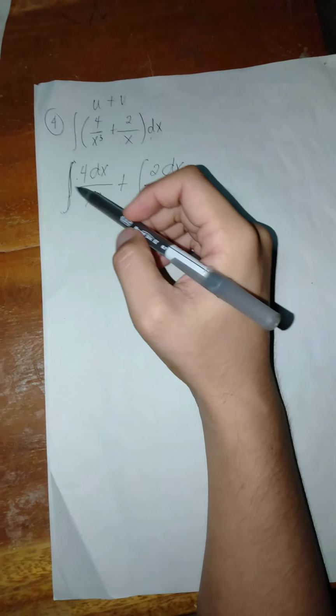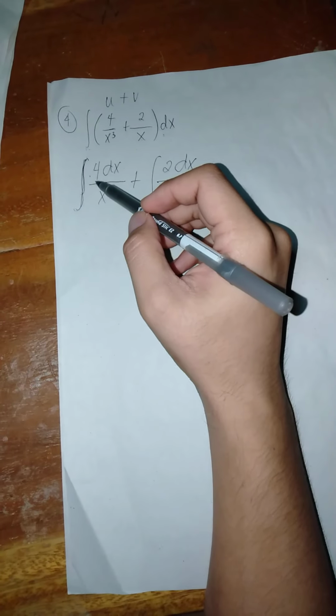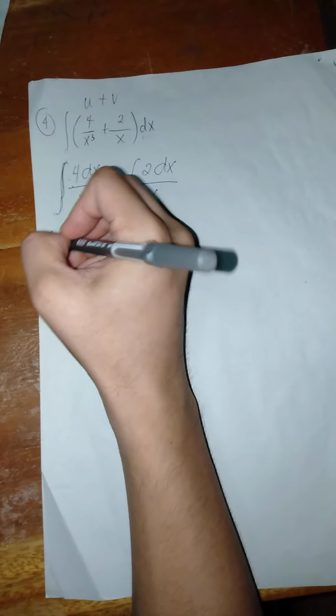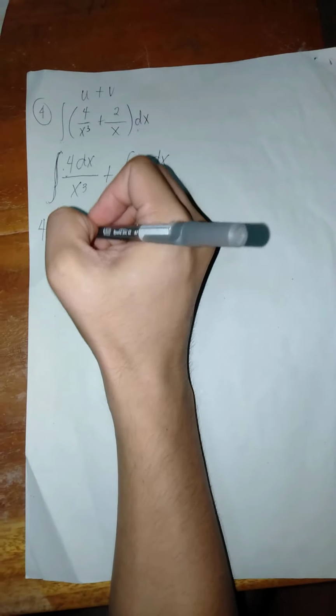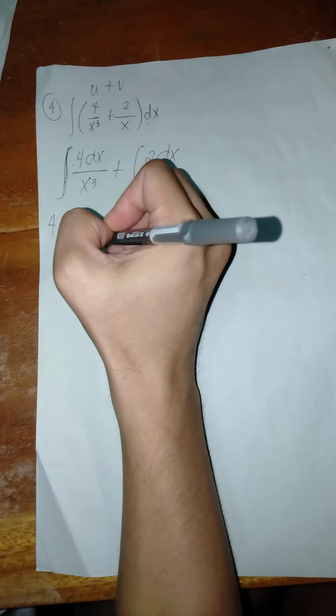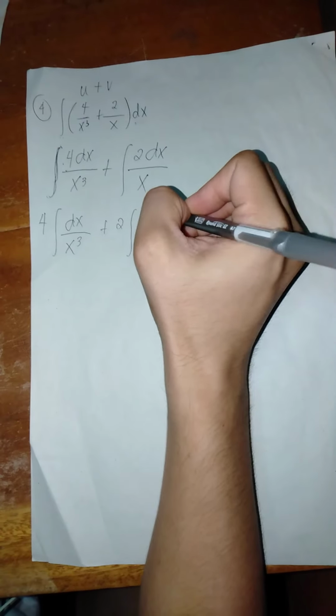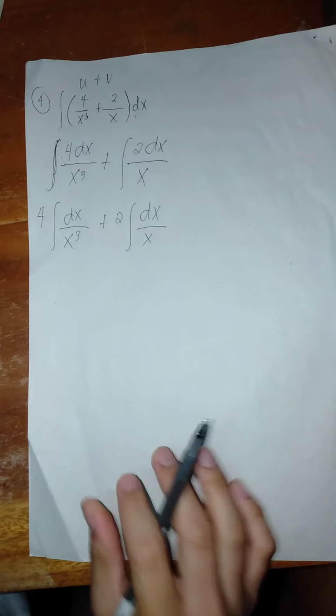So, what's next? Pull out natin yung constant. May constant ka na 4 and 2. So, pull out na. Labas natin. 4 integral of dx over x cube plus 2 integral of dx over x. Okay? So, yun na siya ngayon.